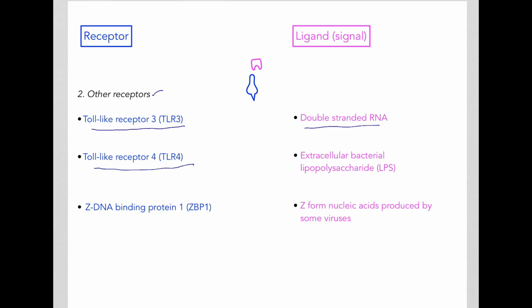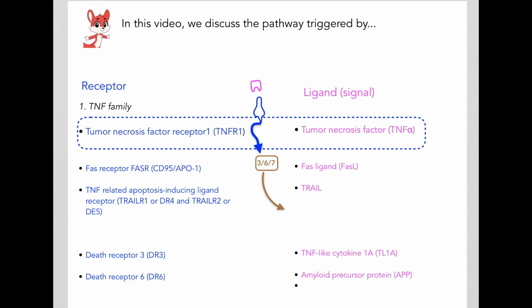Toll-like receptor 4 or TLR4 binds lipopolysaccharide, bacterial lipopolysaccharide. And then we have the Z-DNA binding protein 1 or ZBP1 that binds the Z form of nucleic acids that are produced by some viruses.